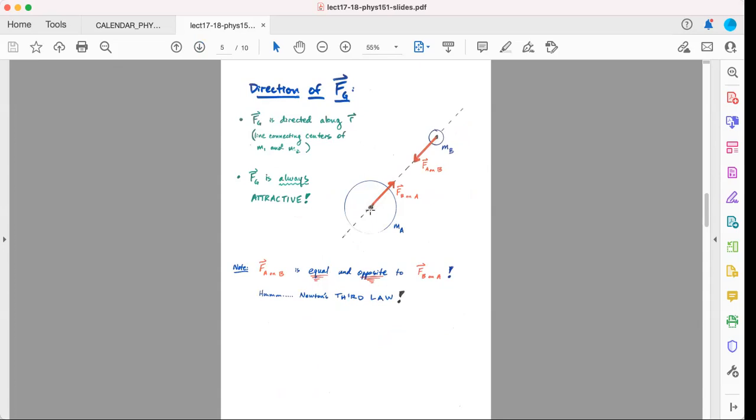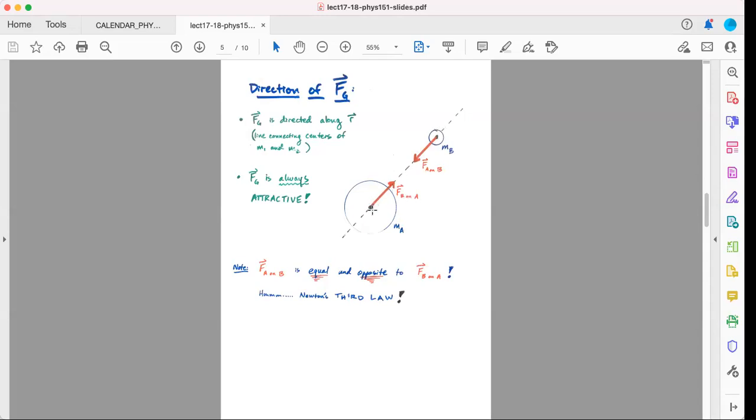And then we just take the distance between the two centers, MA and MB, and this is R.